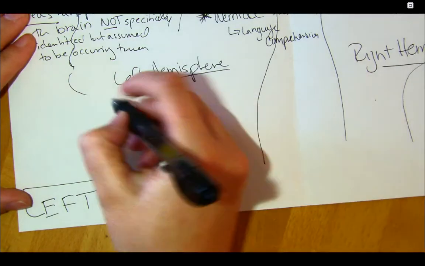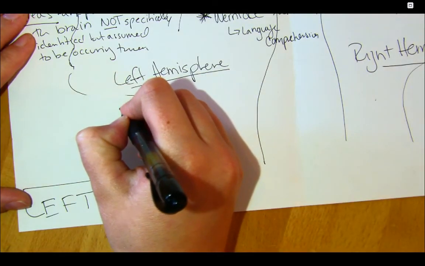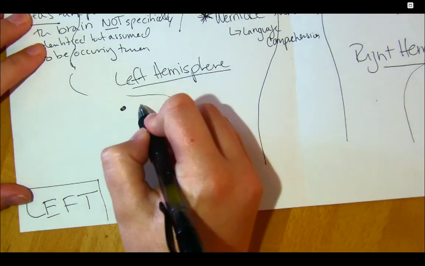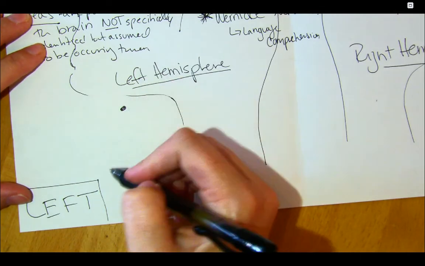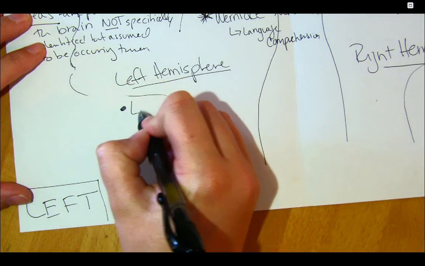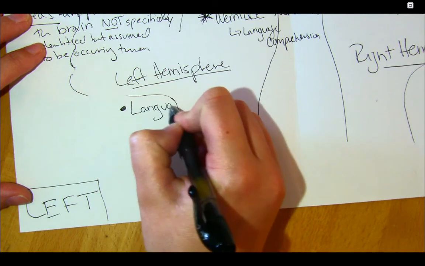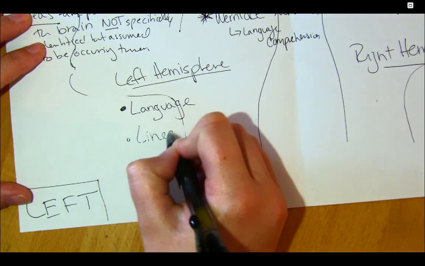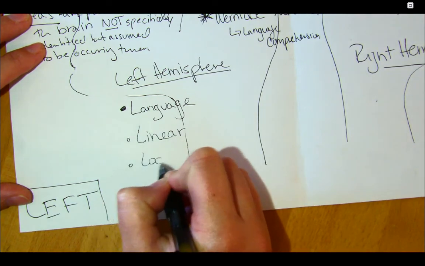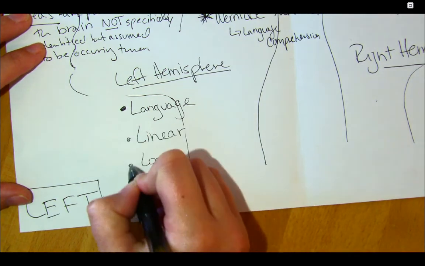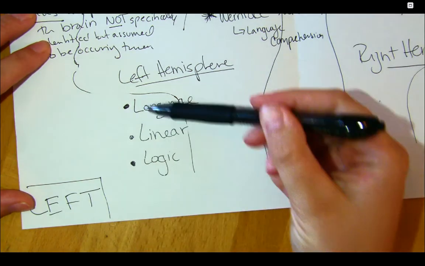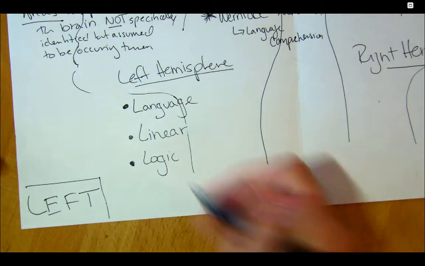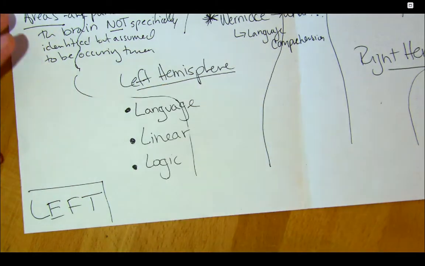So to help you remember what happens on what side, we write everything as left hemisphere deals with language, linear, logic. Okay? If it starts with an L, it has to be happening on the left side of the brain. Isn't that nice? You're welcome. That's a mnemonic device for you.